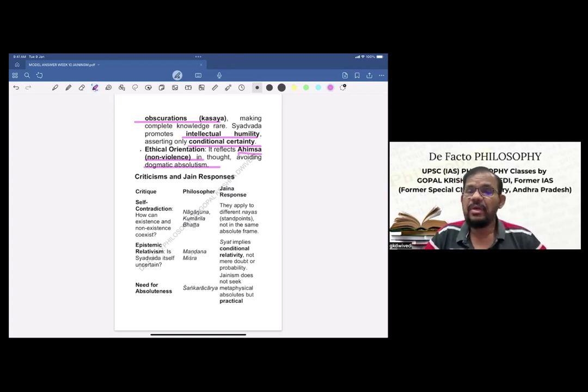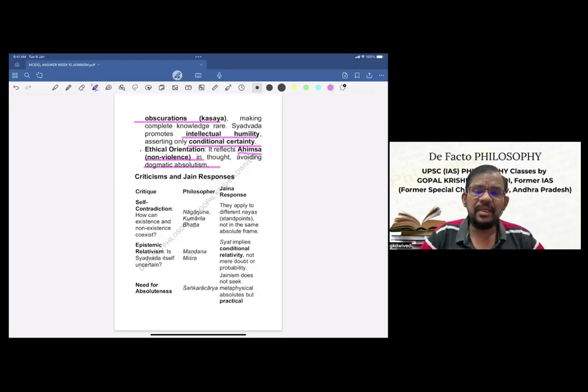In fact, some of you might be studying the ethics paper also. There, Jaina moral theory is quoted as intellectual ahimsa. Basically, they promote non-violence even in thought. So this is what Syadvada, Saptabhangi or Nayavada promotes here.